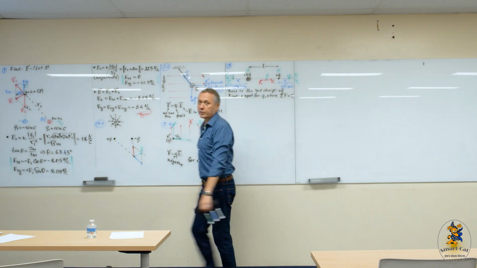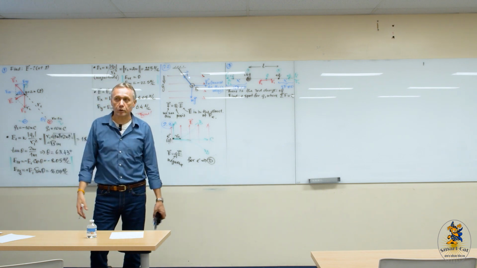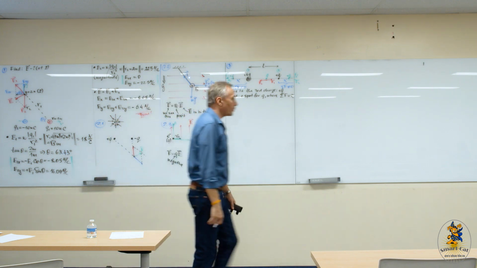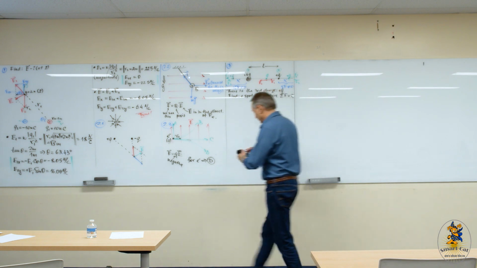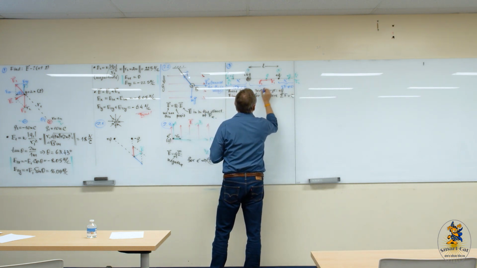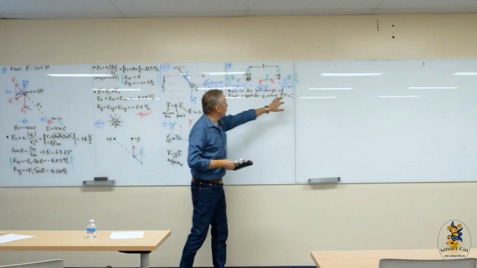So the directions are opposite, so cancellation is possible. Theoretically it's possible, so now we just need to write an equation to find that sweet spot where the net force will be equal to 0.